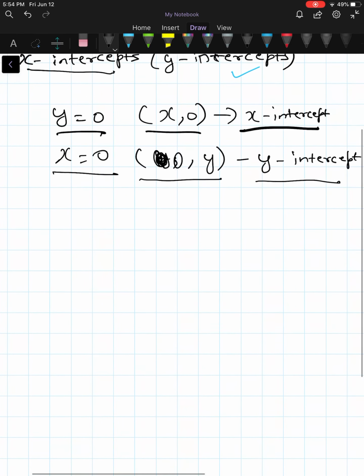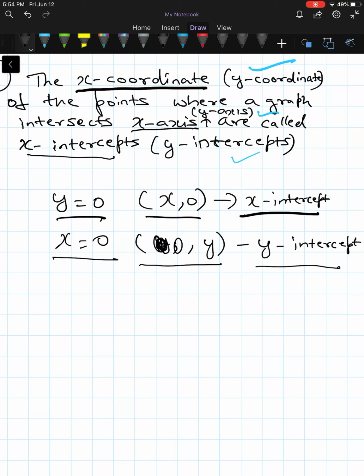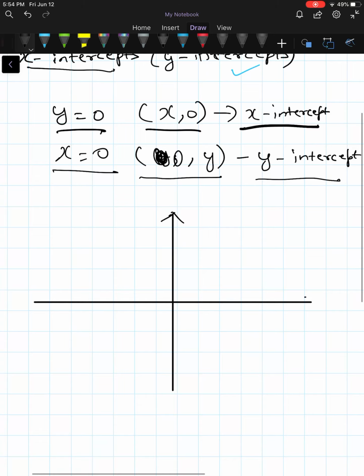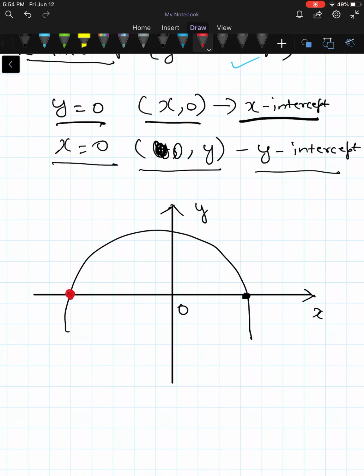So let us do an example, or first see graphically how the x-intercept and y-intercept look. Suppose you have a graph like this, with x-axis, y-axis and origin. You can see that these are the points where the graph is intersecting the x-axis.